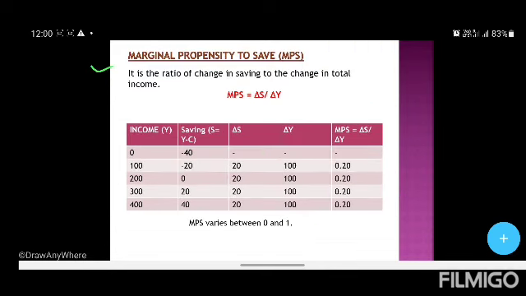Here we have marginal propensity to save. It is the ratio between the change in saving and change in income. When we divide them both, we get the marginal propensity to save, and it varies between 0 to 1.